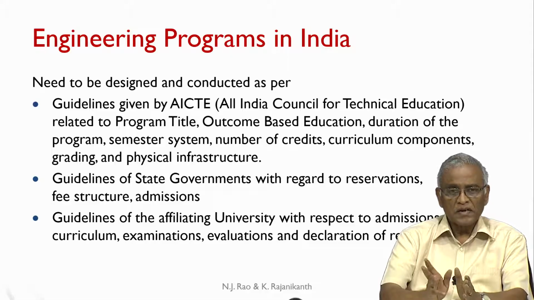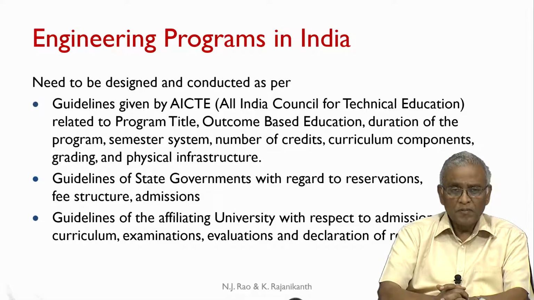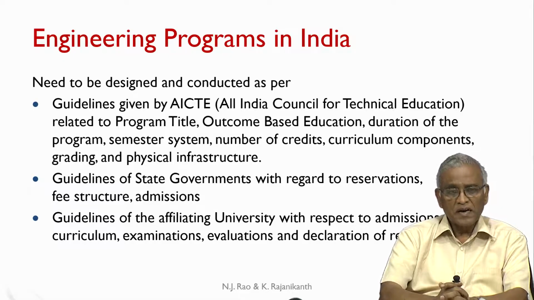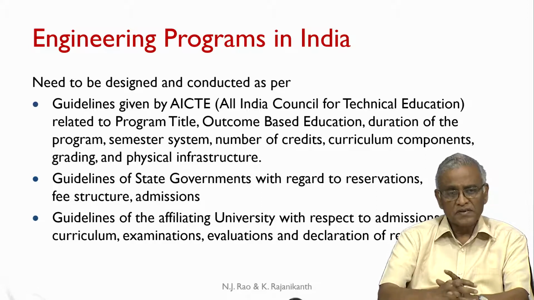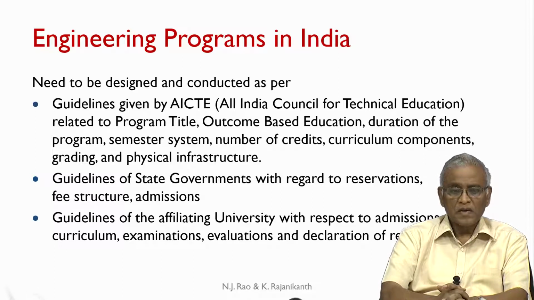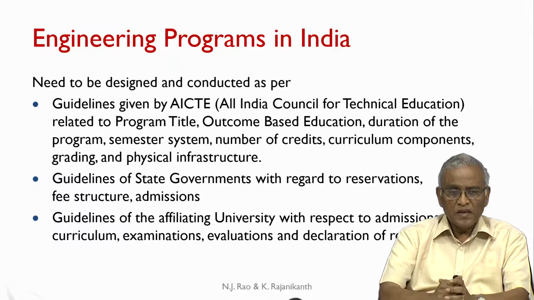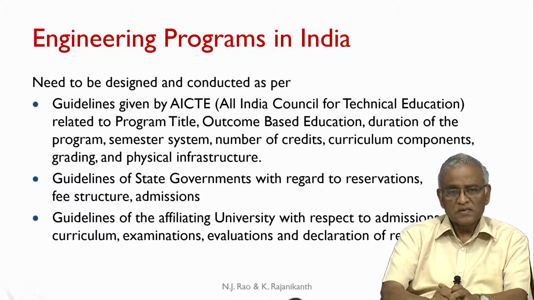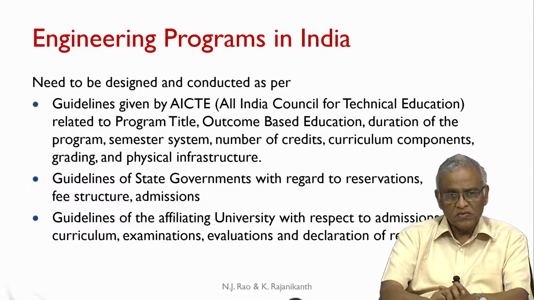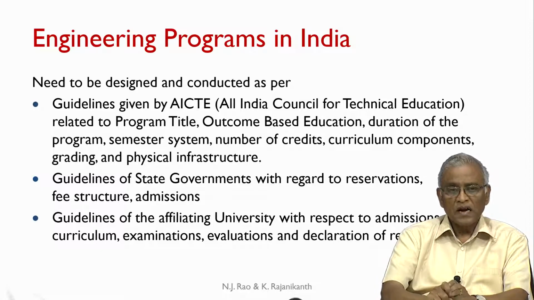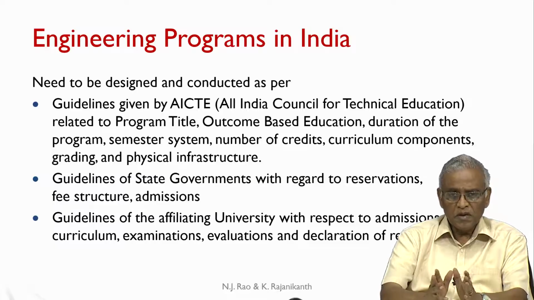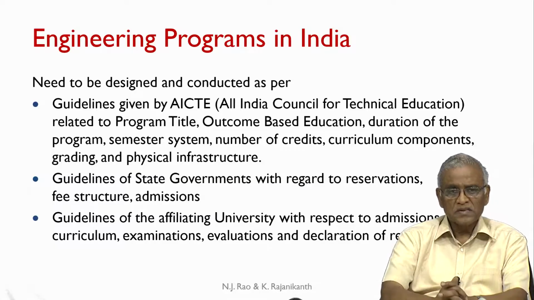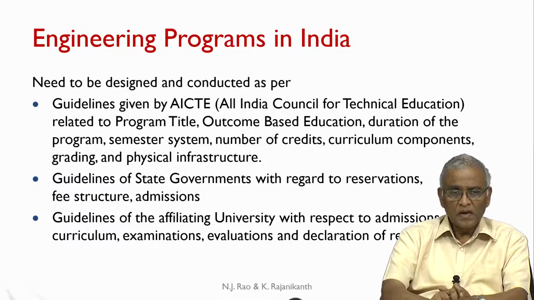Unless you follow that, AICTE will not permit you to conduct and award or qualify your students for the award of engineering degrees. In addition to this, there are guidelines of state governments, with regard to reservations, fee structure and admissions. There may be many more, but these are the main guidelines that the state government gives.